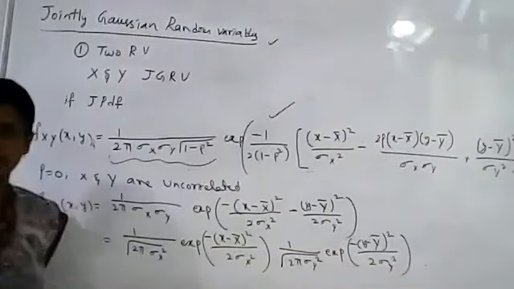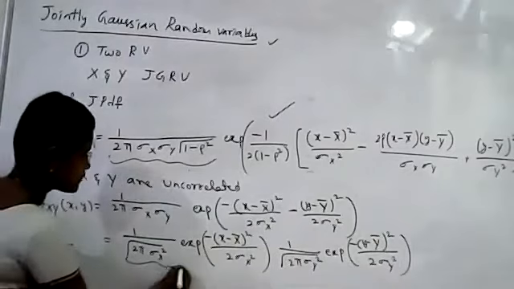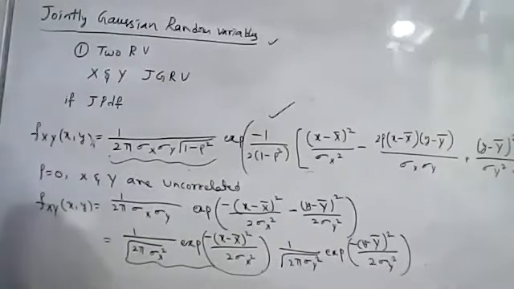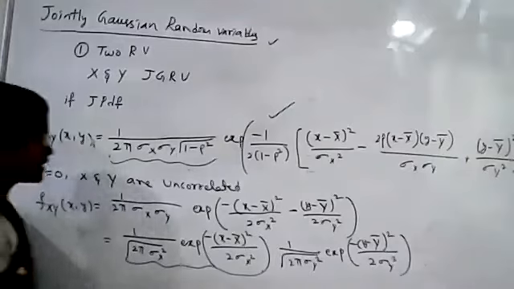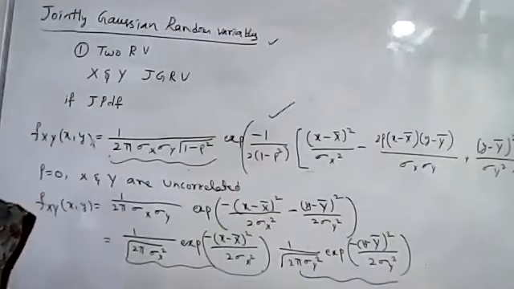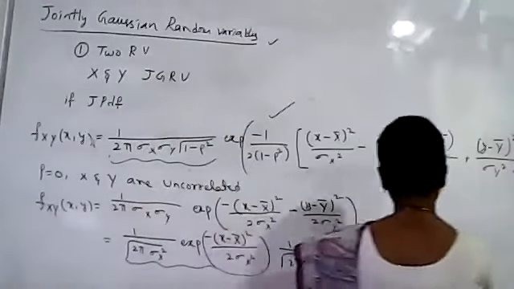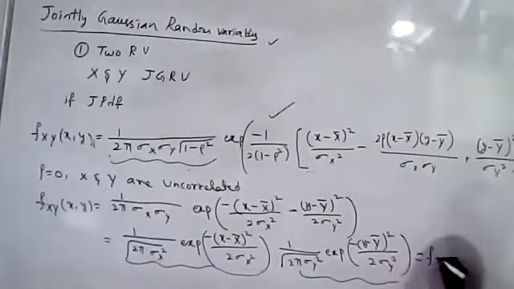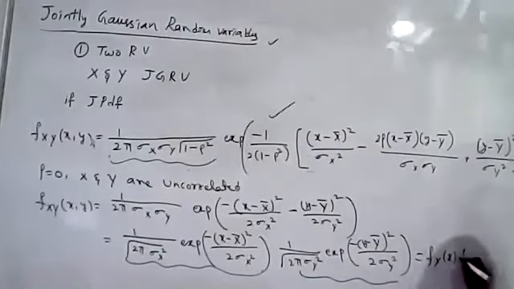Now if you observe, what is the first factor? It is nothing but the probability density function of the Gaussian random variable x. The second is the probability density function of the Gaussian random variable y. So this can be written as fx of x into fy of y.